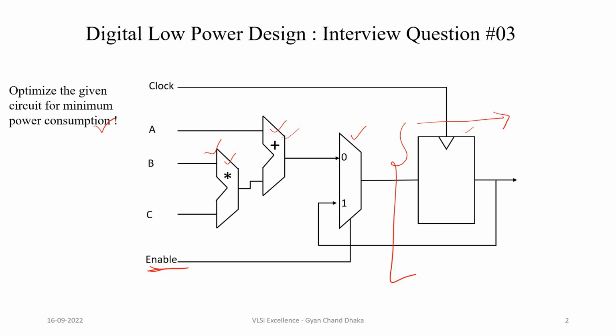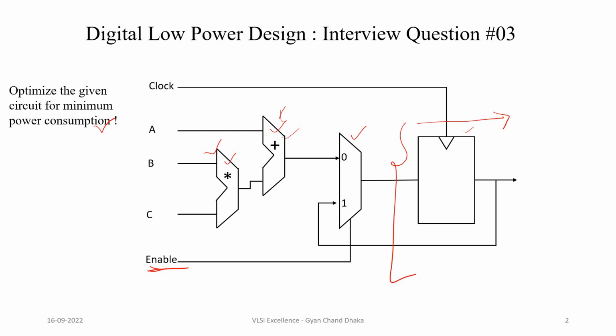That means whenever the enable signal is high, because of the toggling of the input signals, the multiplier and adder will have some switching or processing to calculate the result, which is not even used by the downstream logic.